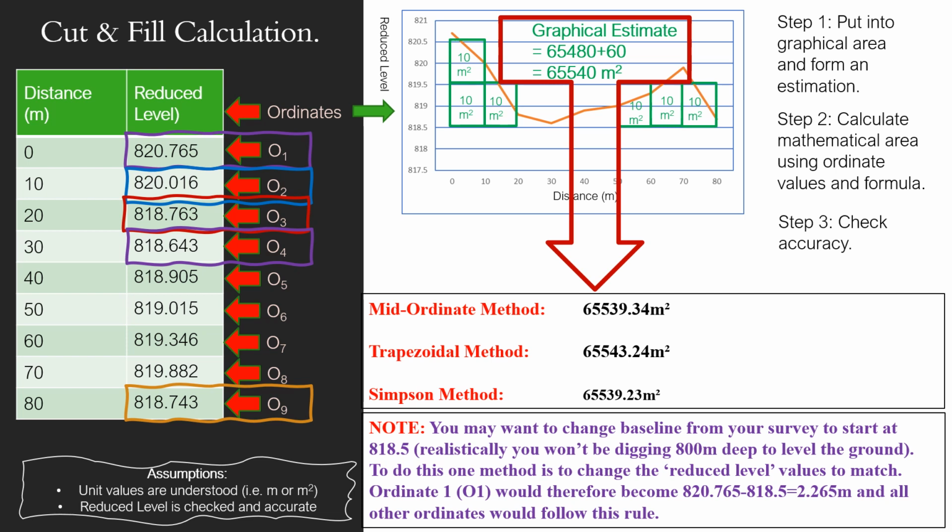All you'd have to do then is maybe do another table, another column, and your ordinate 1 wouldn't be 820, it would be something more like 2.265, and then you just follow that through and make sure that the same distance is used. If you're going from 818.5, for example, it would be the same for all of them, and that will get you through it.